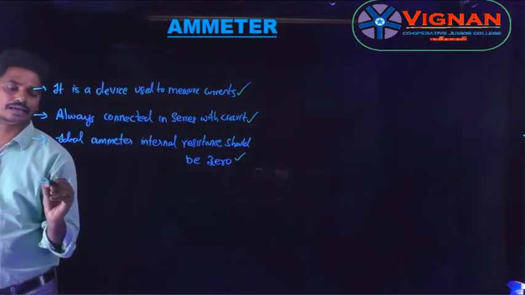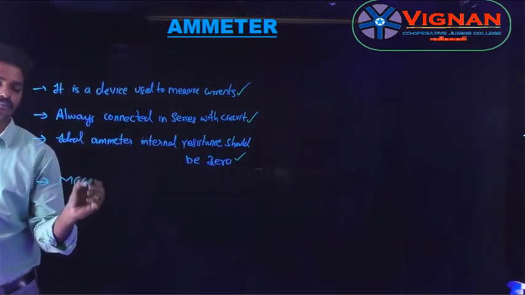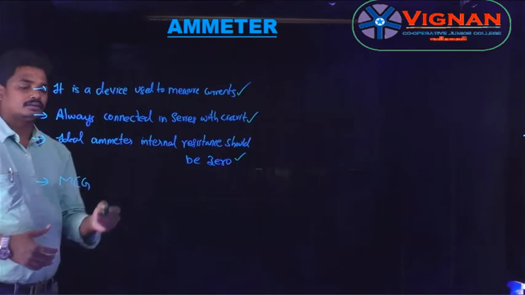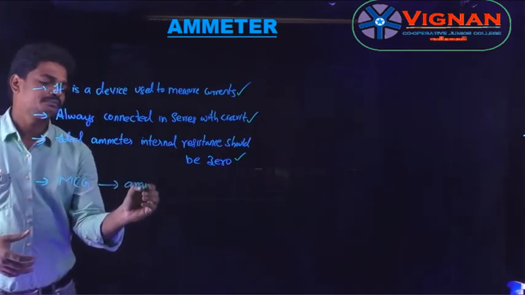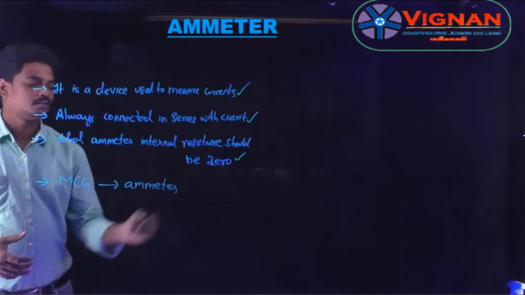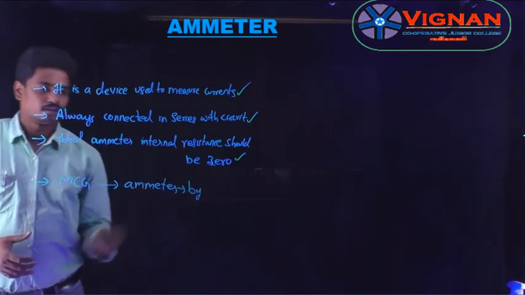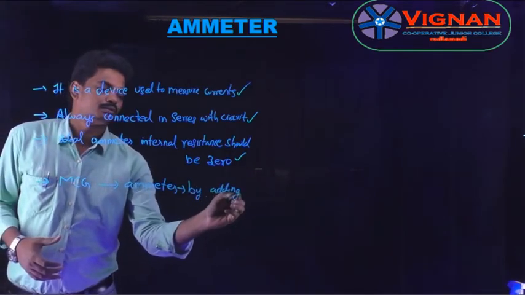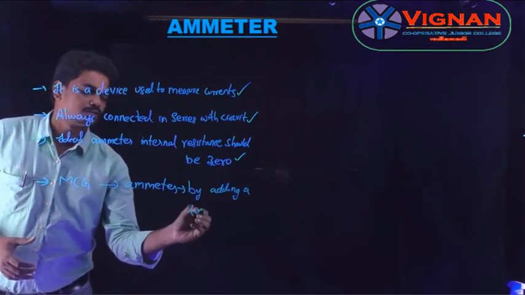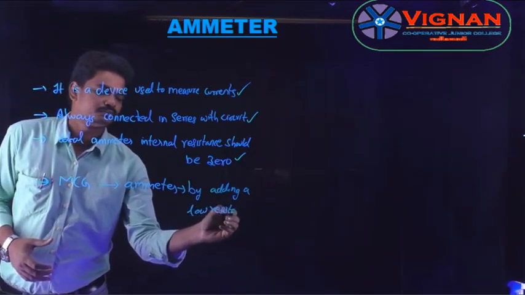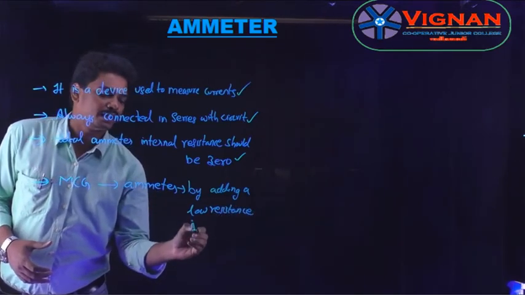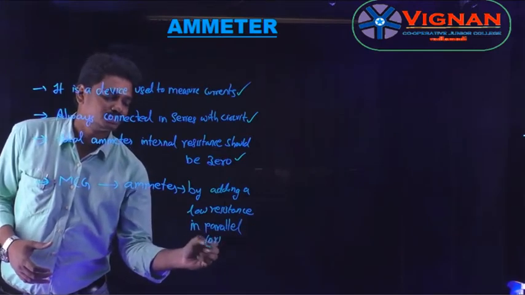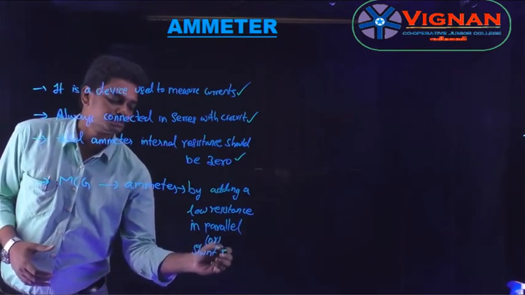So the moving coil galvanometer, simply MCG, can be converted into an ammeter by adding a low resistance in parallel, or a shunt resistance.